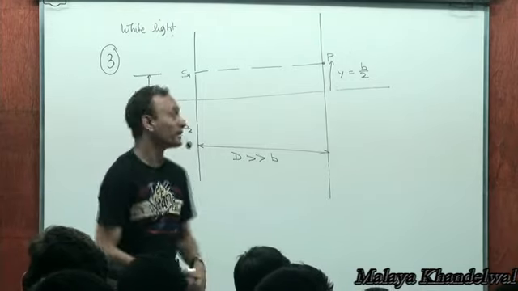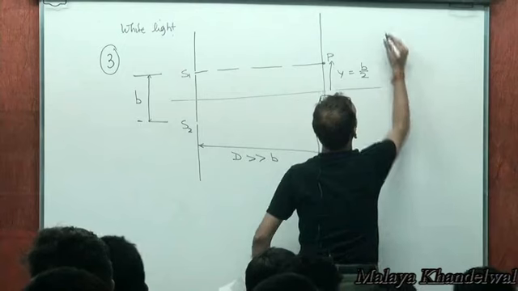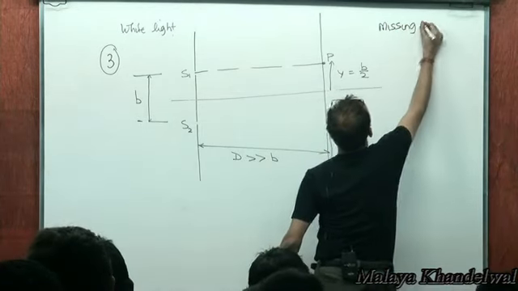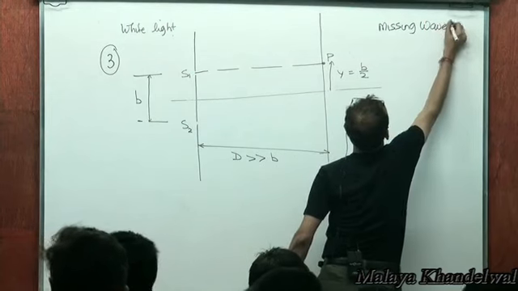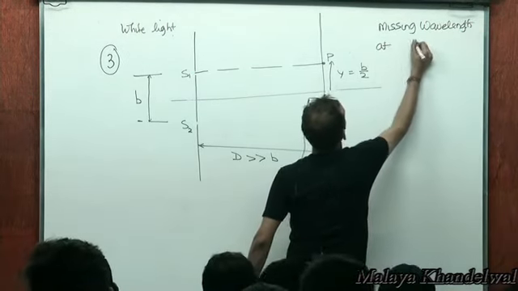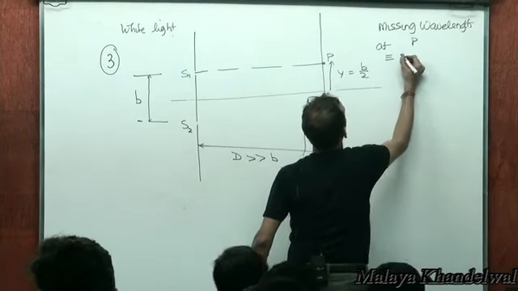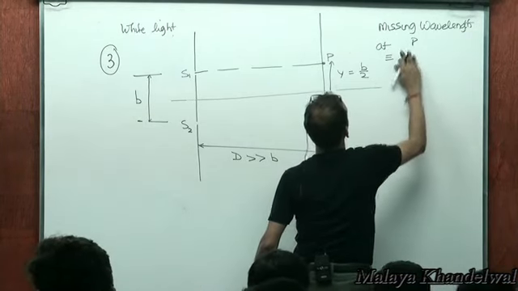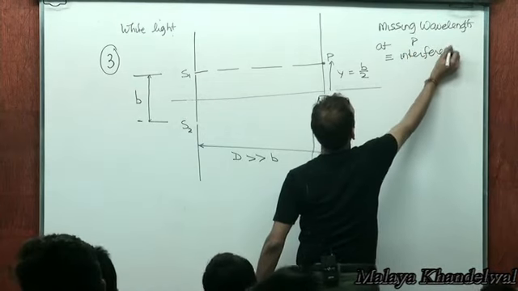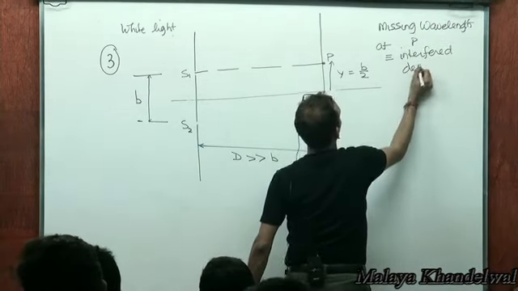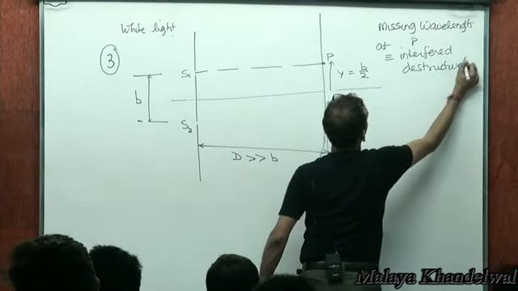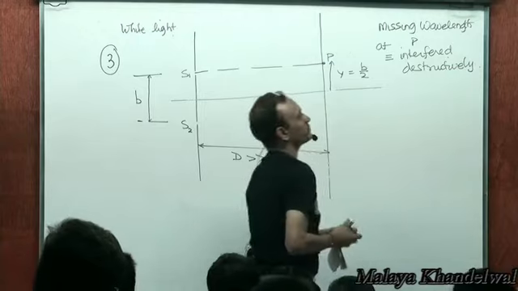Clear? So, missing wavelengths at P would be the ones that have interfered destructively.